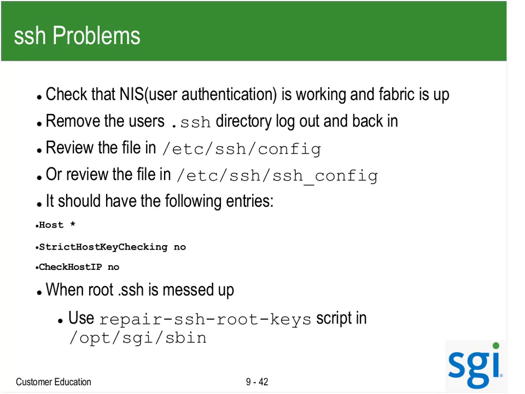There is ssh_config and sshd_config. This is where most of what Platform puts their data is, in the system one, not in the user's .ssh. So you should have something like wildcard host, no strict host key checking. If I accidentally removed or messed up a root's .ssh, then there is a repair SSH root key script to redo those.